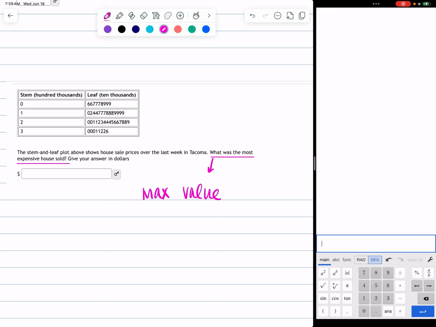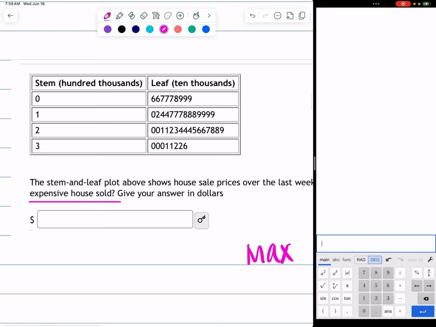So, we need to look and see what our table's giving us. We have a stem in hundred thousands. So that means once I pick my stem, I'm going to multiply by 100,000.